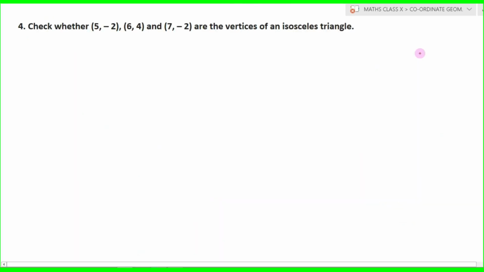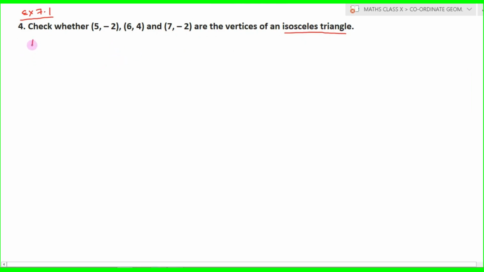Now students, we are taking question number 4 of exercise 7.1. Here the question is, check whether (5, minus 2), (6, 4) and (7, minus 2) are the vertices of an isosceles triangle. So these 3 points represent the 3 vertices of a triangle.